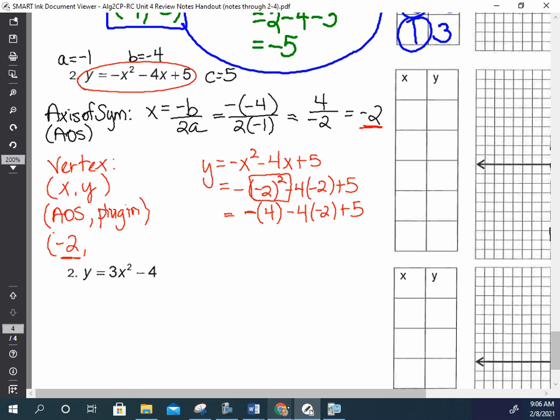Now you can do something with that negative. So negative 4 is the same thing as -1 times 4, which is -4. -4 times -2 is 8, plus 5. -4 plus 8 is 4. 4 plus 5 is 9.